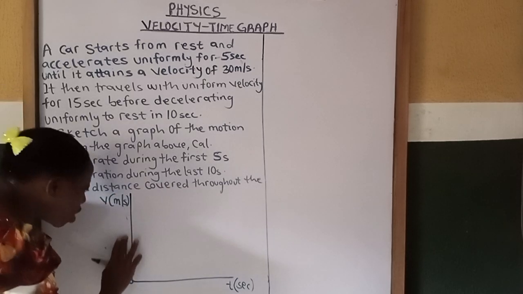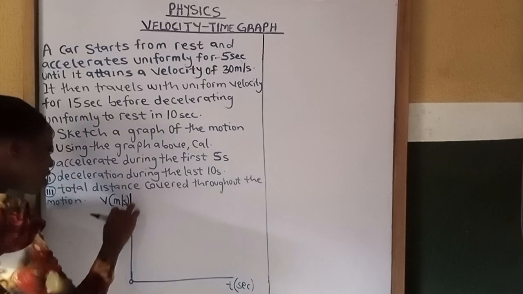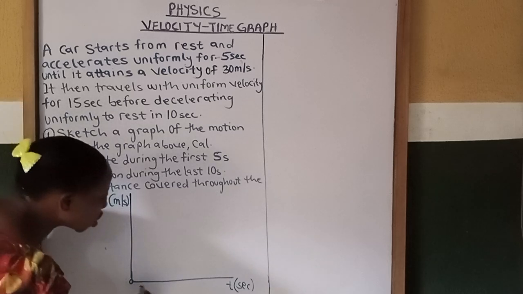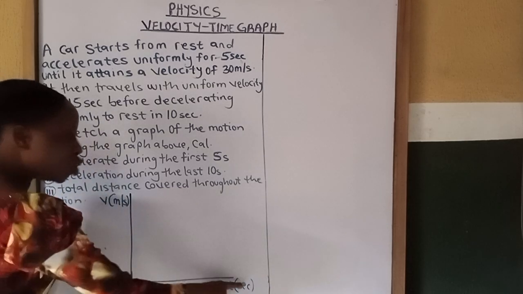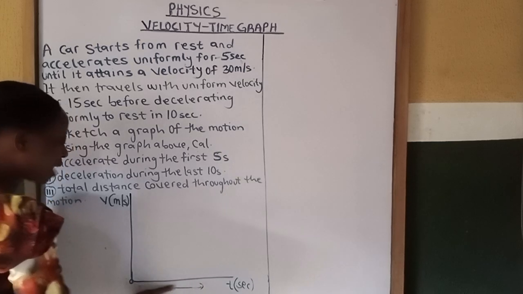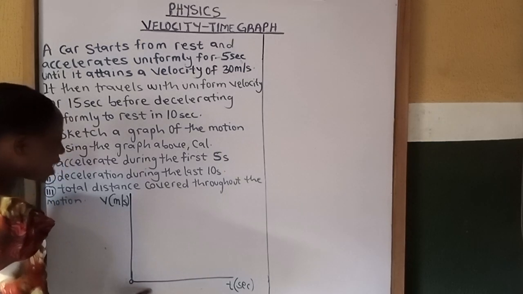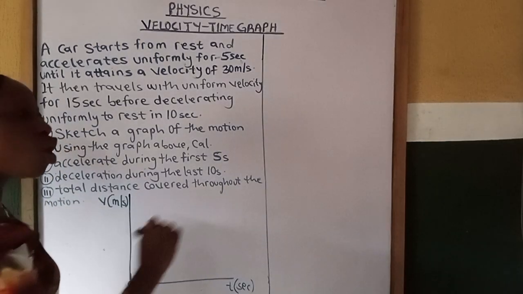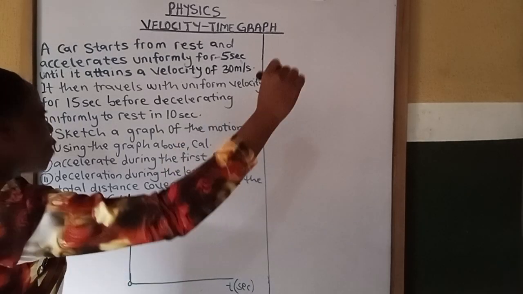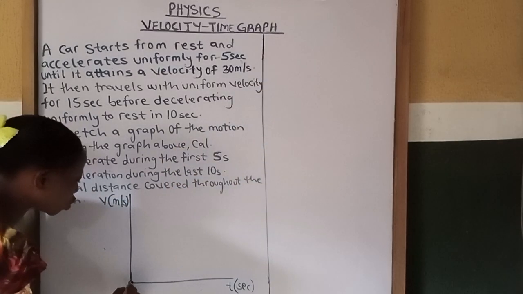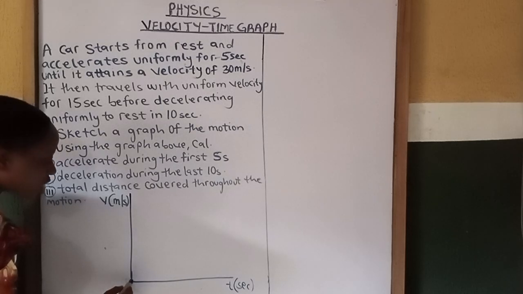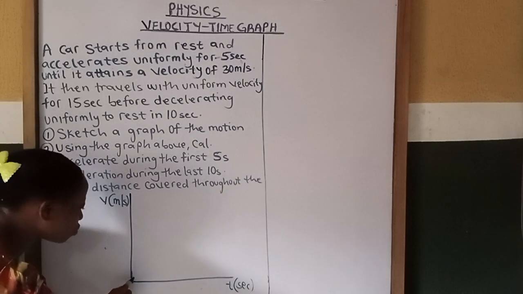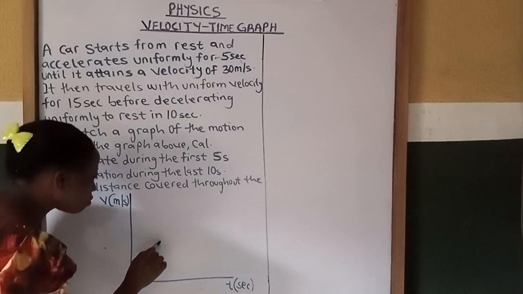It must not travel on a horizontal line either, because it will only cover the time taken axis. So when they say that an object accelerates, it will go in a slanting form. It accelerates from rest, so the resting position is 0, and it will go in a slant.